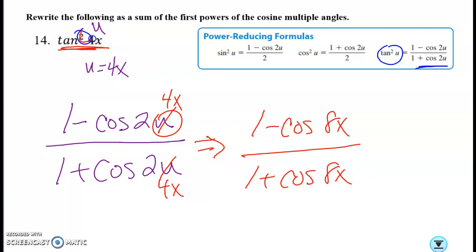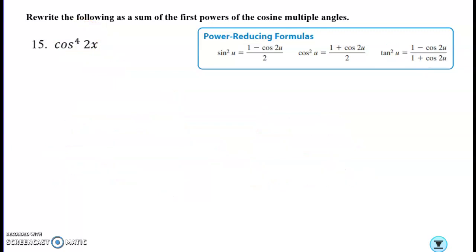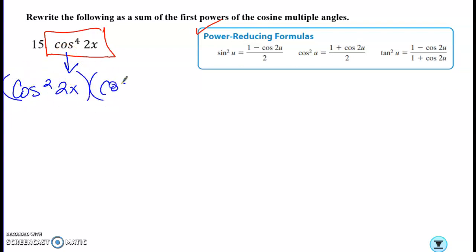And this is really important for next year, taking integrals of trig functions. You can't take the integral of a trig function if it has a degree higher than 1, which is where this one comes from. We don't have a way of getting rid of this, but we have the power reducing formula, so you have to manipulate it using the power reducing formulas. So this cosine to the 4th, we're going to turn into cosine squared of 2x times the cosine squared of 2x. We have a cosine squared of u formula right here. Our u is 2x.